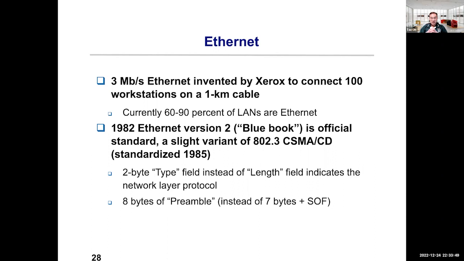Currently 90 to 100% of networks are using Ethernet, right? So this is a long time ago. In 1980, Ethernet version 2 was a slight variant of 802.3 CSMA/CD. It has a 2 byte type field instead of a length field, indicating the network layer protocol. And there's 8 bytes of preamble, basically indicating that this frame starts at this point.